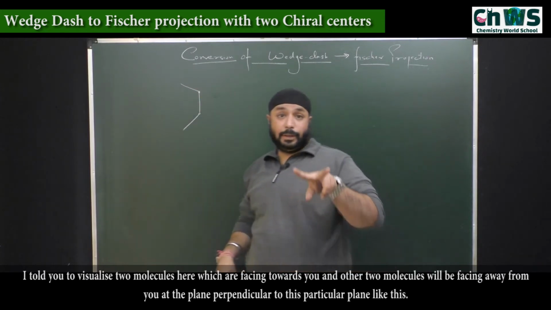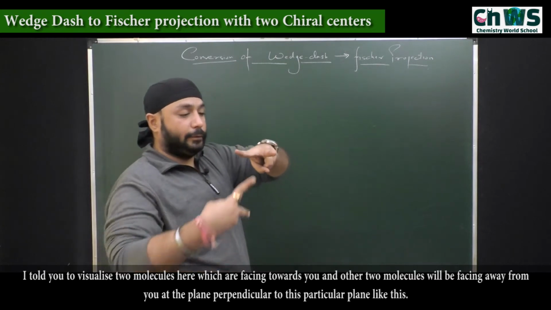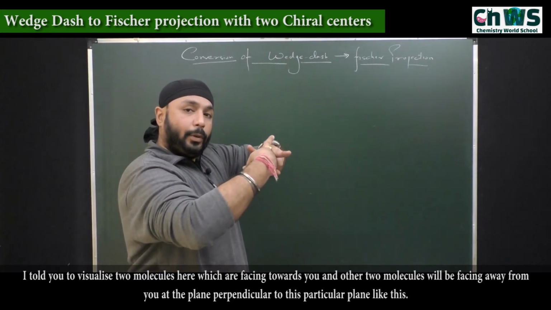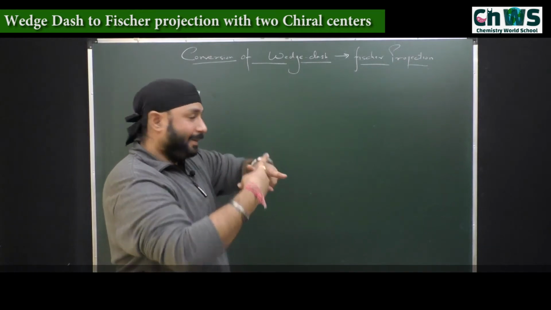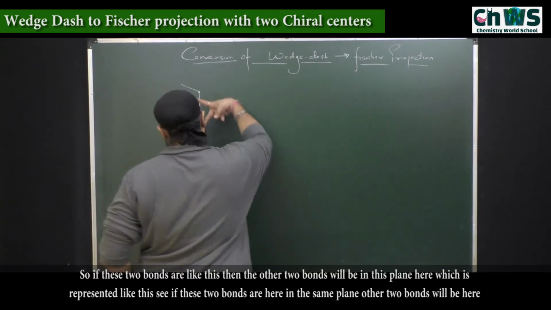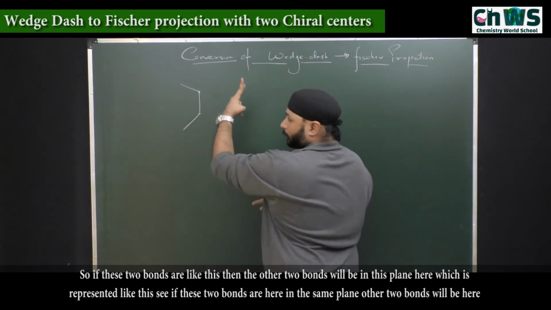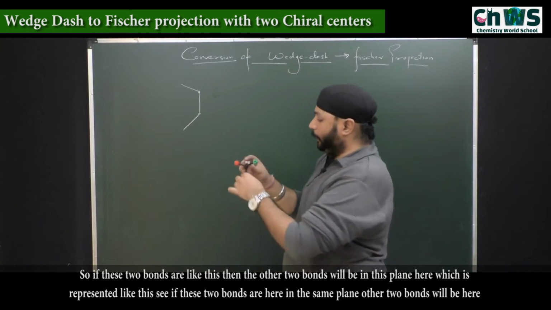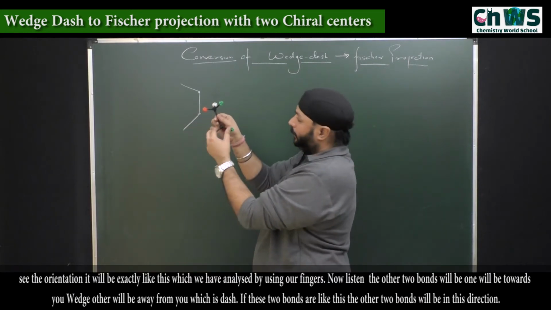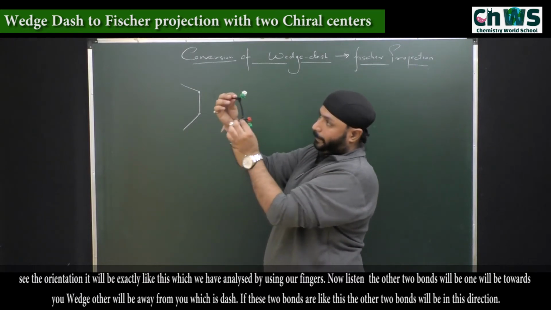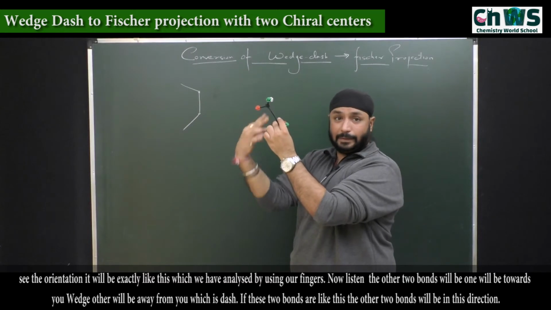Just visualize two groups facing towards you, then the other two will be away from you, in the plane perpendicular to this plane. So if these two bonds are like this here, the other two bonds will be in this plane here, which is represented like this. If these two bonds are in this same plane, the other two bonds will be here. See, the orientation will be exactly like this, which we analyzed by using our fingers, right?